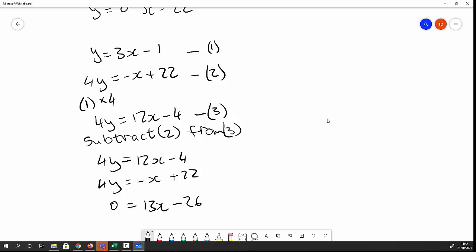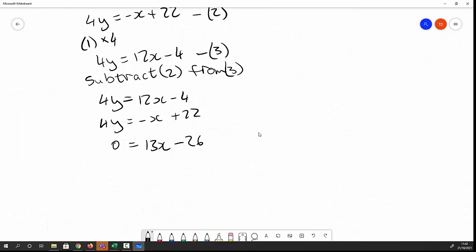Okay, so that means I can now write that 13x is equal to 26, so x is equal to 2, since 2 13s are 26. Right, now I'm going to pop those back into equations 1 and 2.